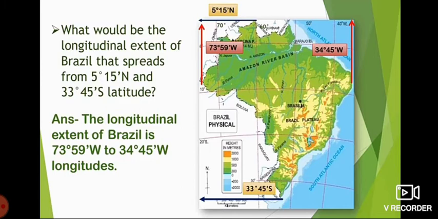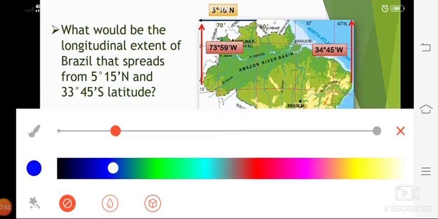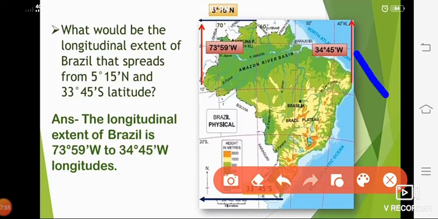Yeah, so if you will see the first extent, that is here, I will use some different color, blue color. See here, this one. If you will see, here is the ending, that is before 40 degree west. So we have considered it as 34 degree 45 minutes west, and if you will see here, it is ending here, that is after 70 degree. Can you see? After 70 degree.